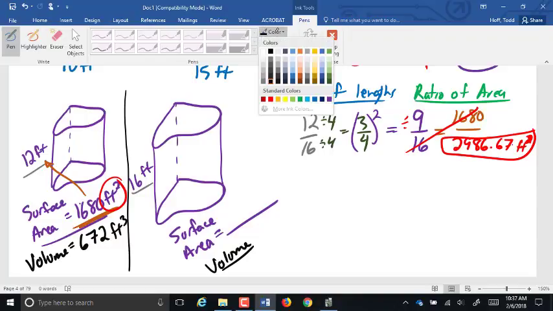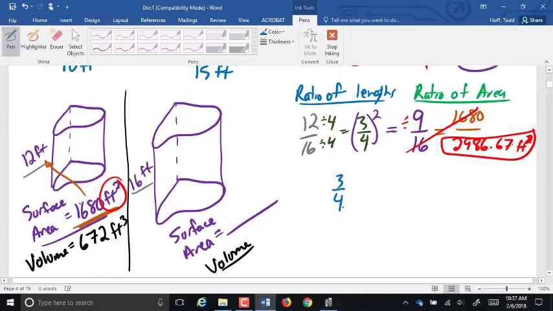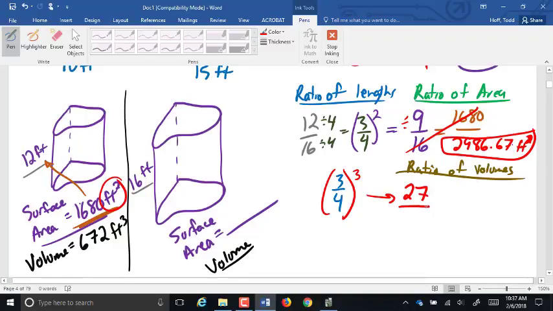Well, we have that ratio of lengths still, that's 3 to 4. To find the ratio of volumes, you are absolutely correct, we would cube it. 3 to the third power is 27. 4 to the third power is 64.